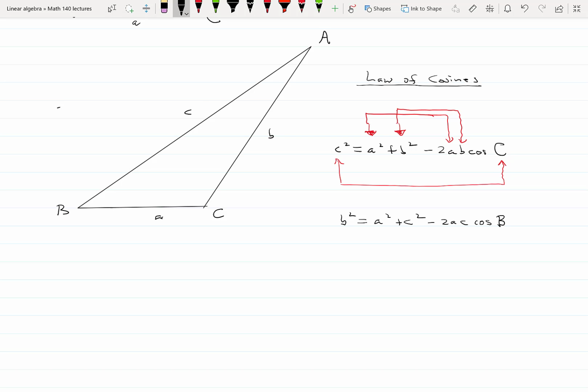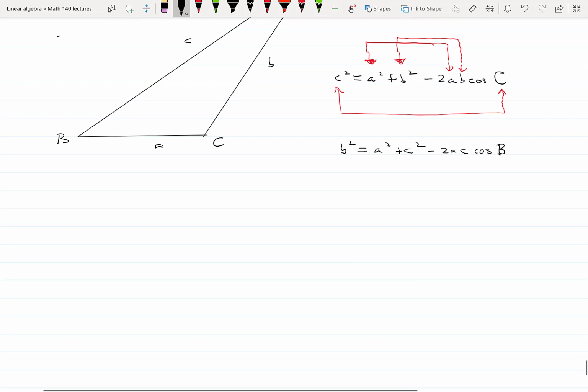So let's see if you can follow with me on the last version of the law of cosines. The last version starts with a squared. So a squared should equal b squared plus c squared minus 2 times what times what? Well, look above. B squared equals a squared plus c squared minus 2ac.